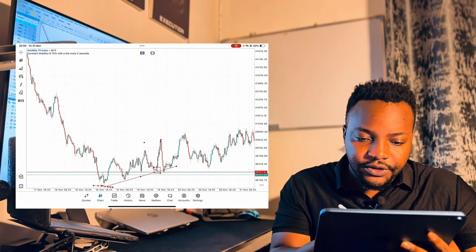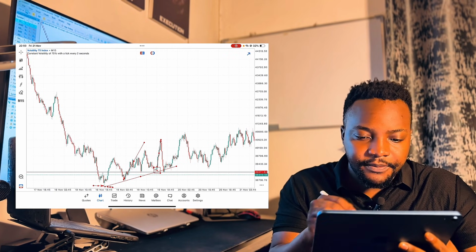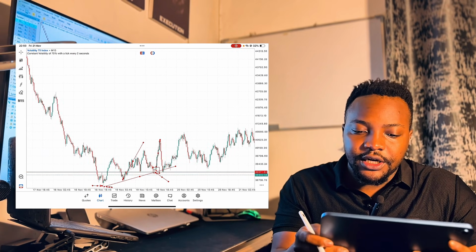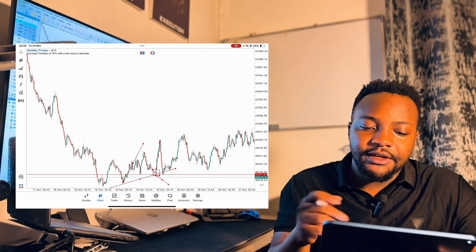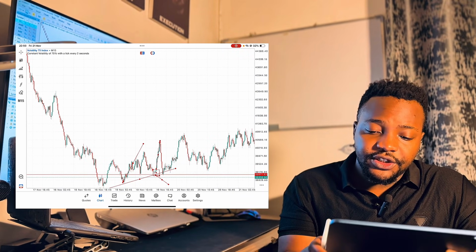Point 2 is right there, and point 3 is right there, and that's where we actually took our trade, right? And you can see that price pushed all the way up just simply by using this third touch rule.